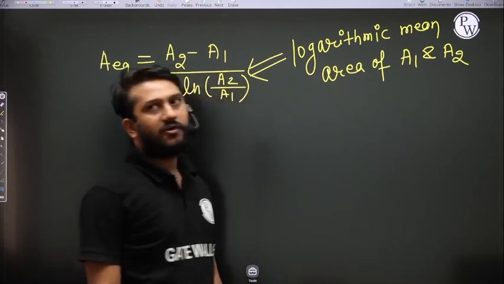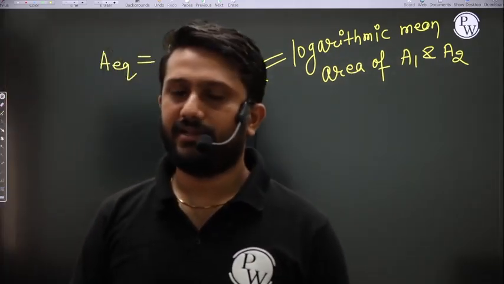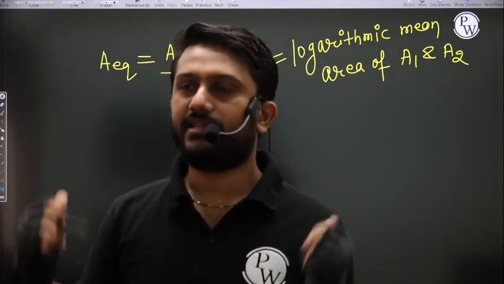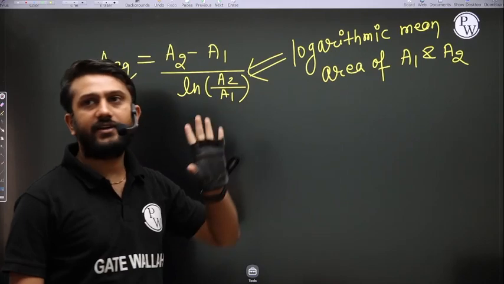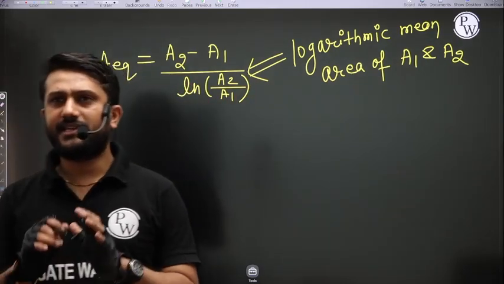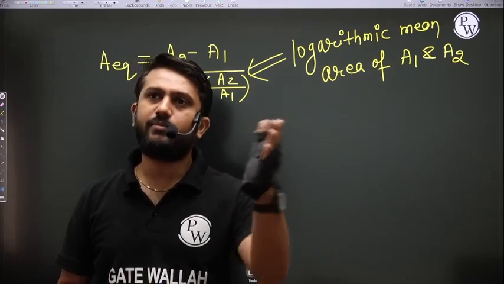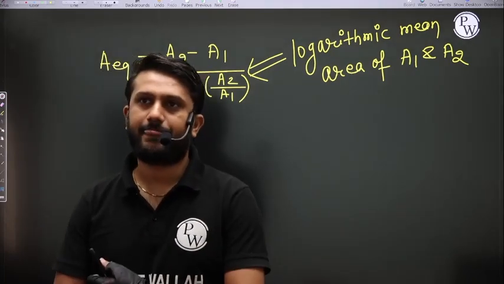Right, there is an arithmetic mean, there is a geometric mean. Similarly, this is the logarithmic mean. So in case of the hollow cylinder, this equivalent area is the logarithmic mean of the inner surface area and the outer surface area.